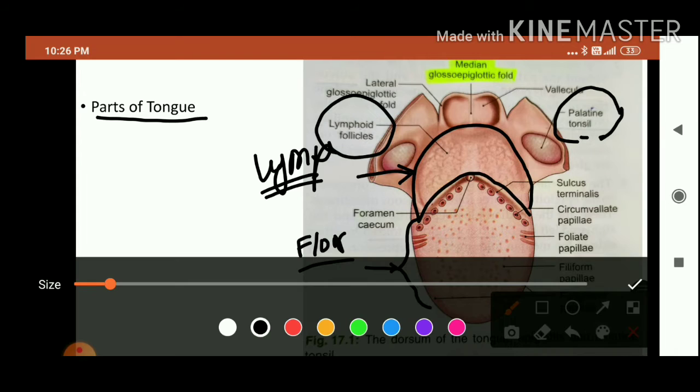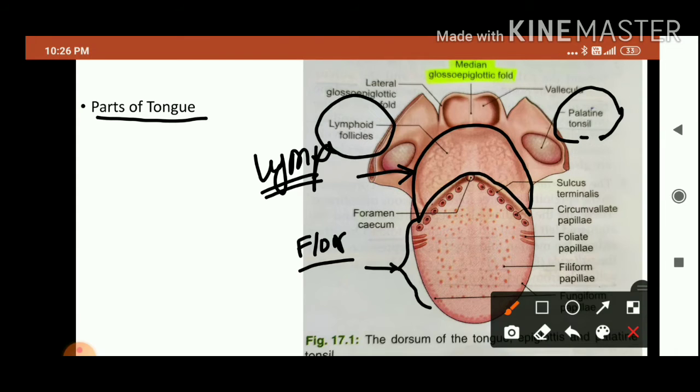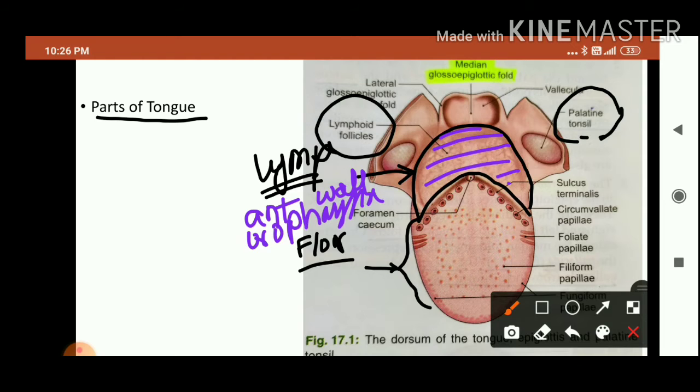And what about the posterior region? Remember that this posterior region forms the anterior wall of the oropharynx. So if you are asked which part of the tongue forms the anterior wall of the oropharynx, then it will be the posterior region.